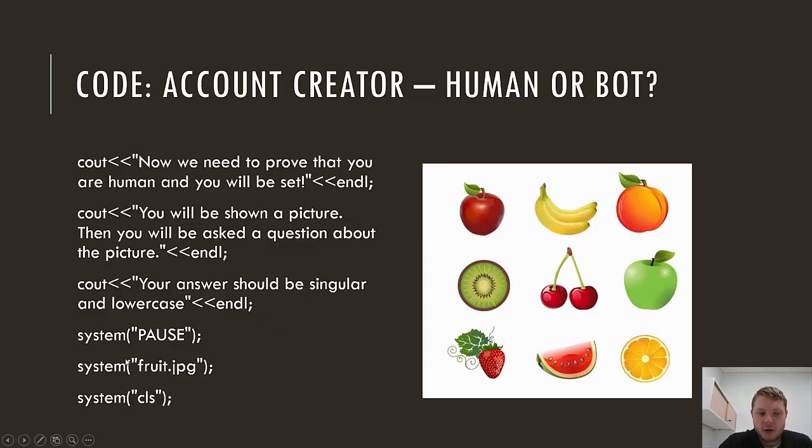So we simply load a fruit JPEG, and then ask the user which fruit is in which position. For example, if they were asked what's in the middle left position, they would want to answer kiwi. To make it a little bit simpler, we require that the user supply their answers in a singular and lowercase fashion.